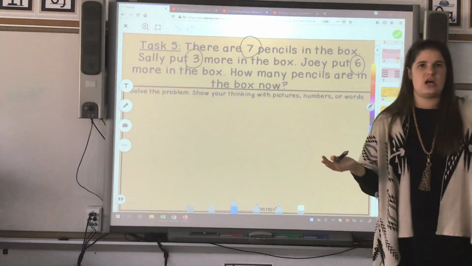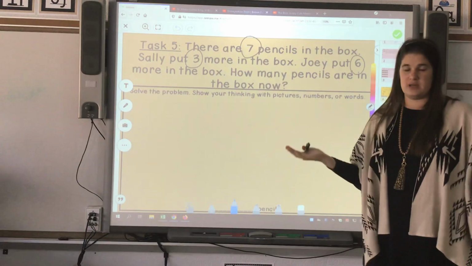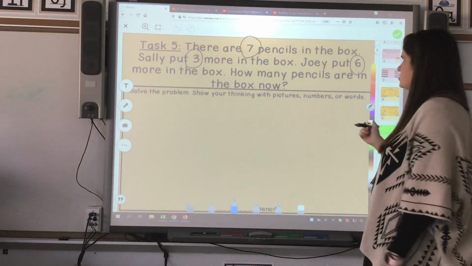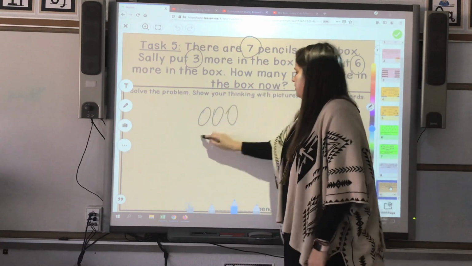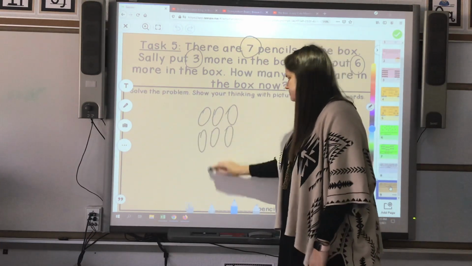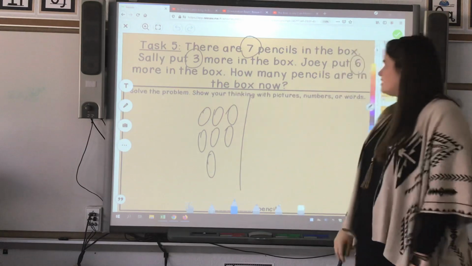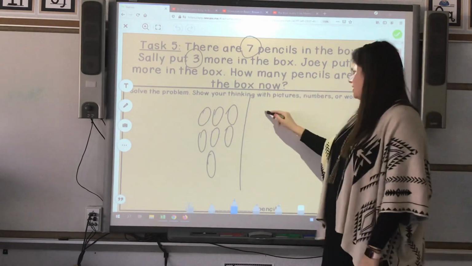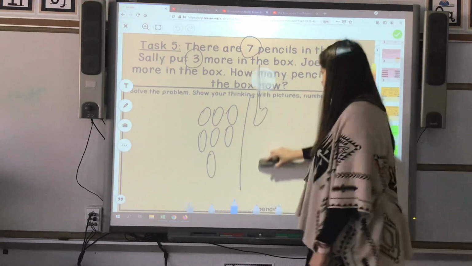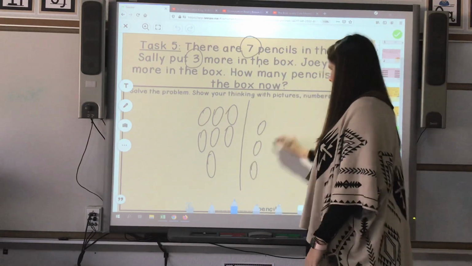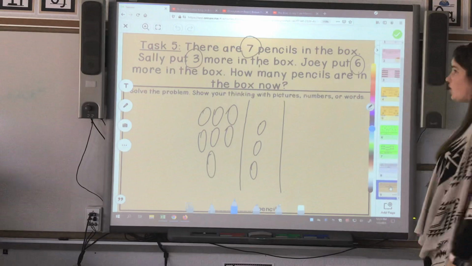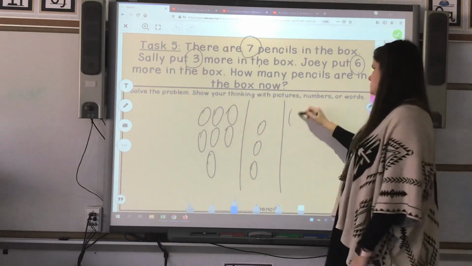So I like to draw a picture. When I have multiple numbers, more than 2, I like to draw a picture. So there are 7 in the box. Sally put 3 more in the box. Joey put 6 more in the box.